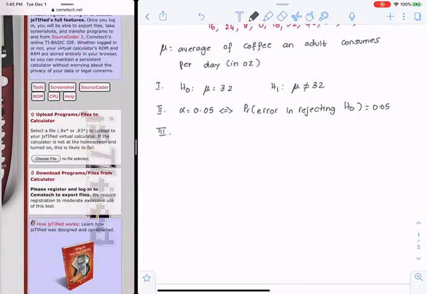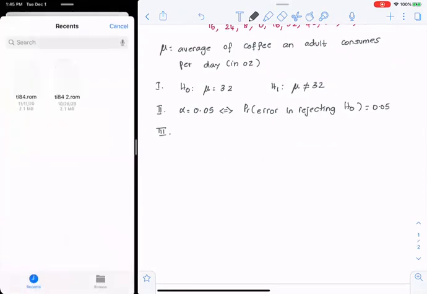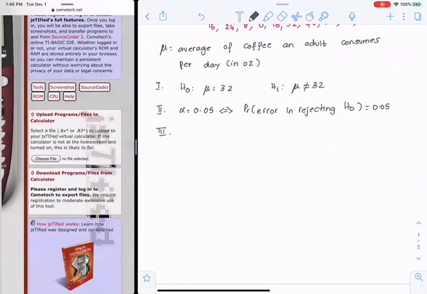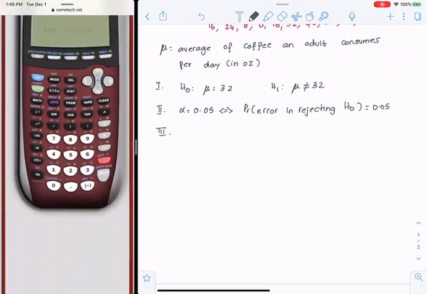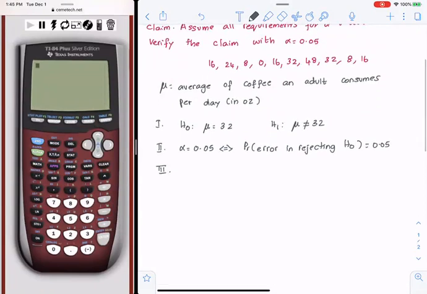So I'm going to enter the data into list one and use one variable statistics to find the mean and the standard deviation.